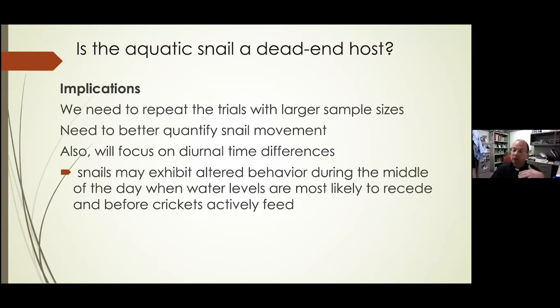That would also correspond to a time when crickets are more active at night, so you have these snails stuck out of the water, and now crickets are becoming more active and foraging. So we're going to take a look at diurnal time differences.